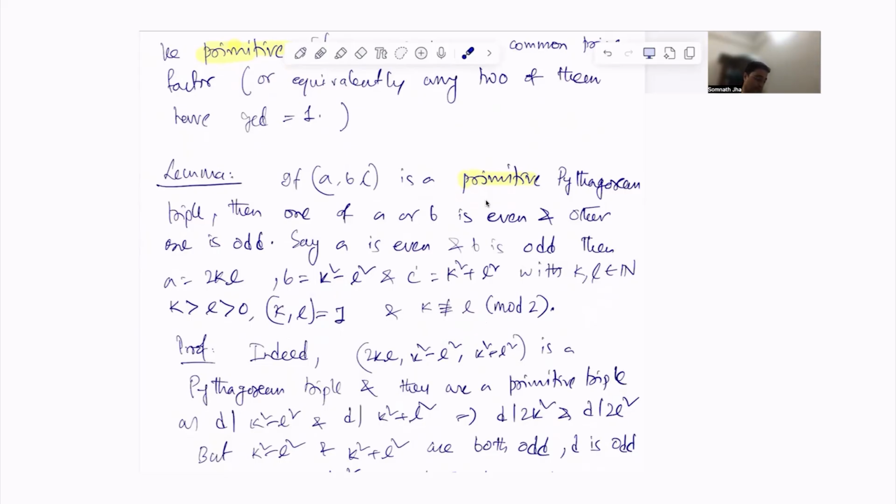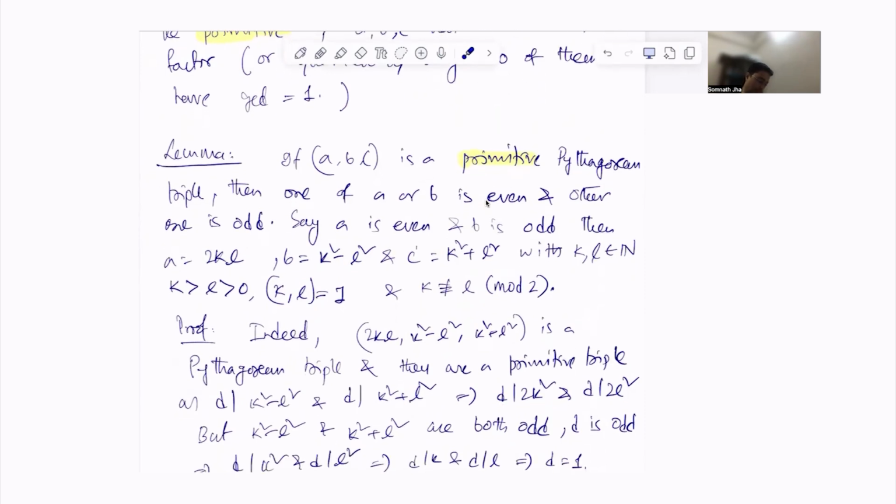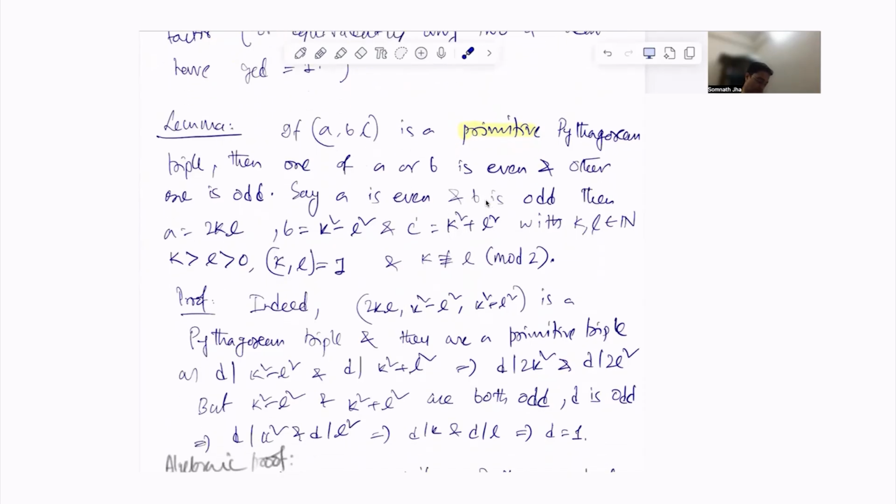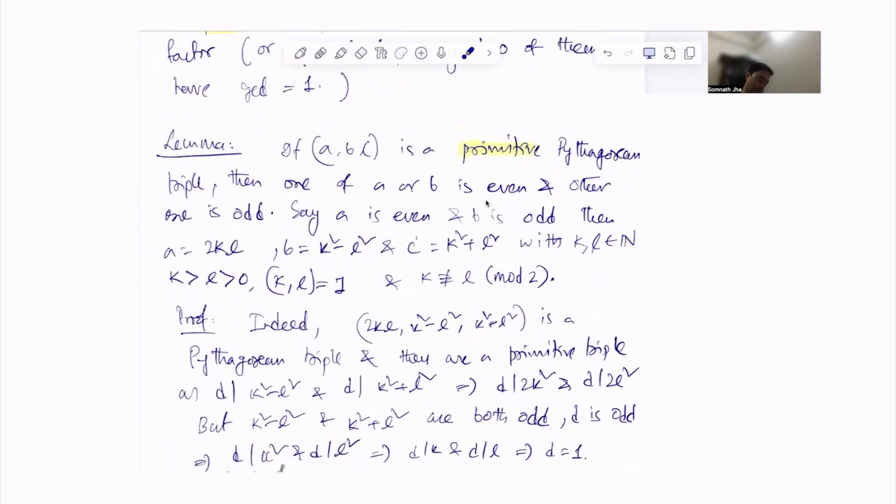So C is also odd, and K squared minus L squared and K squared plus L squared are both odd. So D divides odd numbers, and D is odd. So D divides 2K squared, and D cannot divide 2. So D divides K squared and D divides L squared, so D divides K and D divides L, so D is 1. Okay, so this is indeed a primitive Pythagorean triple.